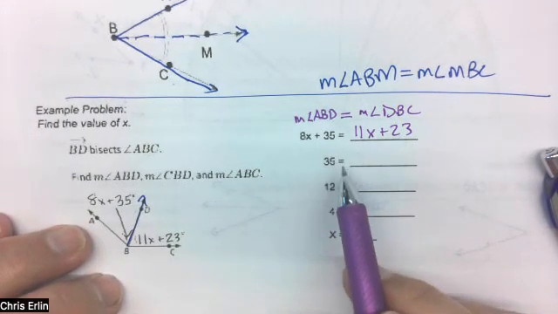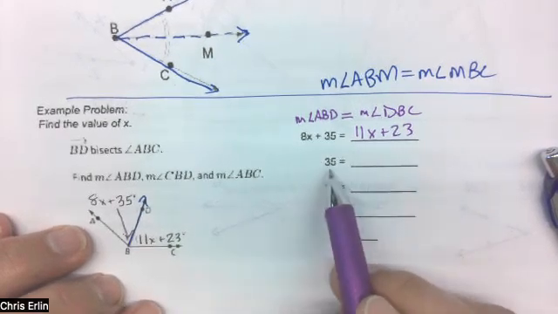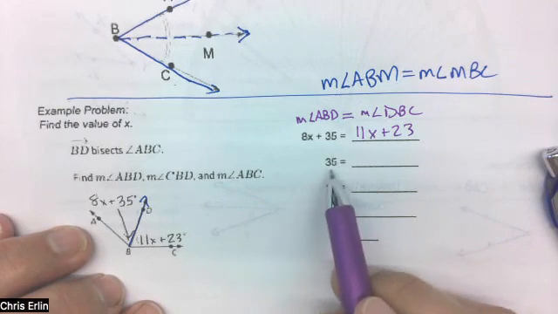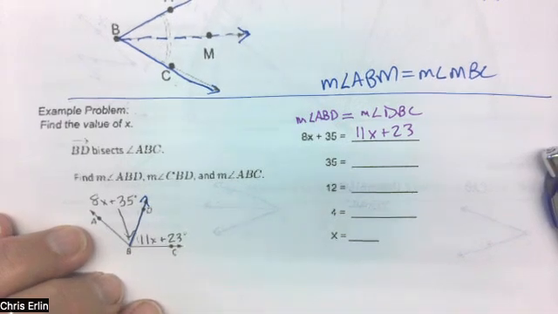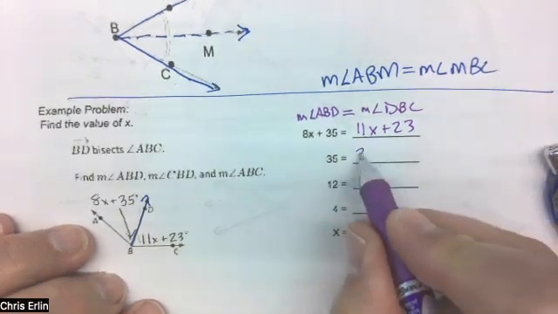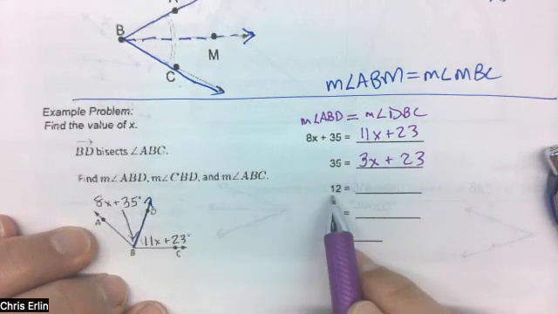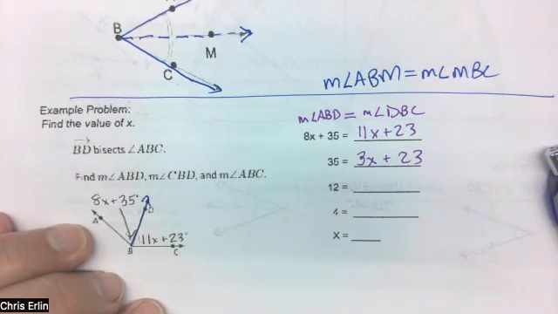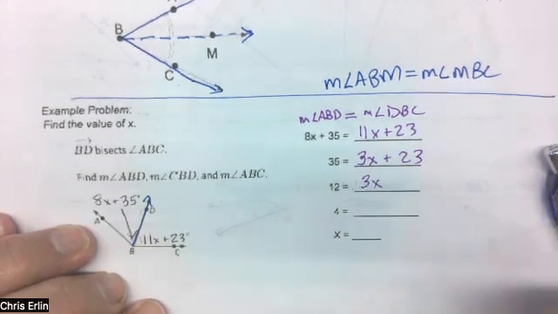Sometimes you'd subtract 23, sometimes you'd subtract 8x, sometimes you'd subtract 11x. In this case, we're going to end up with the next step showing a 35 only. So what did I do to this to make it become that? Subtract 8x. That leaves 3x plus 23. What did I have to do to this one to become 12 instead of 35? Subtract 23, leaving just 3x.